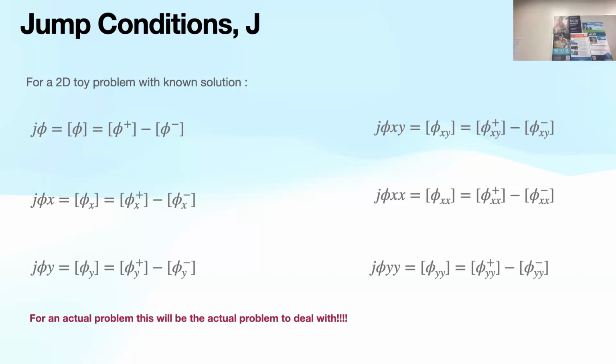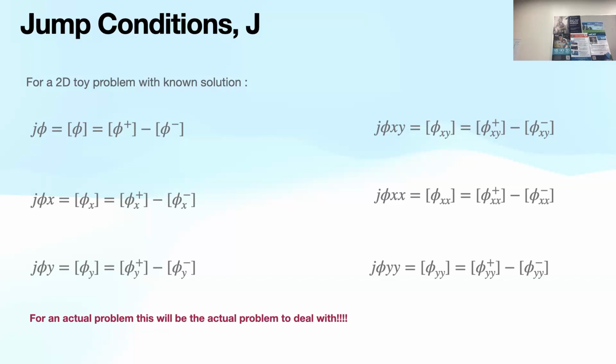Now you could think about the jump. Sorry, the j here has nothing to do with the j on the grid. Okay, so let me say if u plus is x squared, u minus is 2x, I'm just assuming.